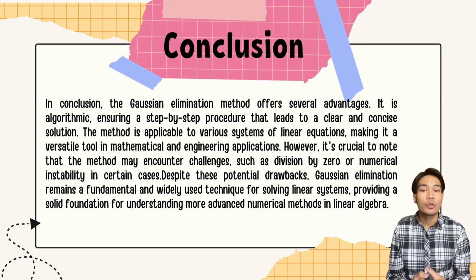However, it's crucial to note that the method may encounter challenges such as division by zero or numerical instability in certain cases. Despite these potential drawbacks, Gauss elimination remains a fundamental and widely used technique for solving linear systems, providing a solid foundation for understanding more advanced numerical methods in linear algebra.